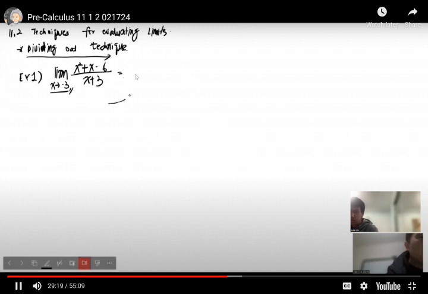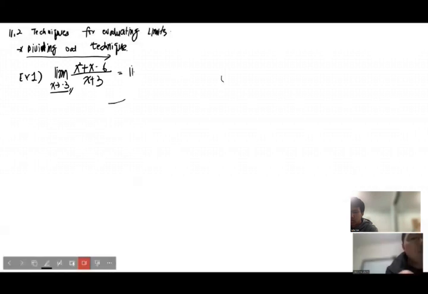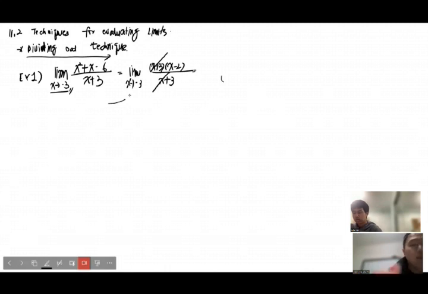So if you just factor the numerator with variable separation, that should be x plus 3 times x minus 2. And there's the same type of term in the denominator too. So x plus 3 can be canceled out of the numerator and denominator because it exists in both.